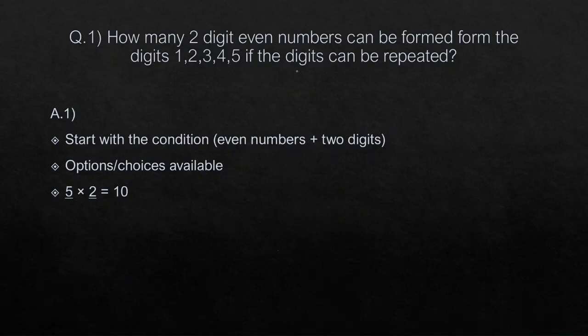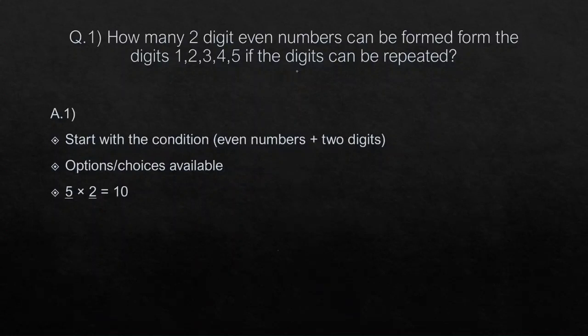Now, how many 2-digit even numbers can be formed from the digits 1, 2, 3, 4, and 5 if the digits can be repeated? When we look at the question, first we need to check what exactly it is that we need to find. We need to find the number of ways in which we can form the numbers which are of 2 digits and also even.